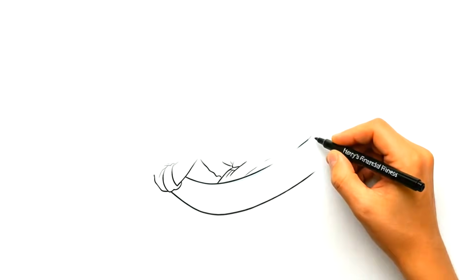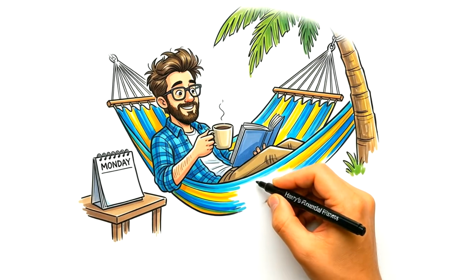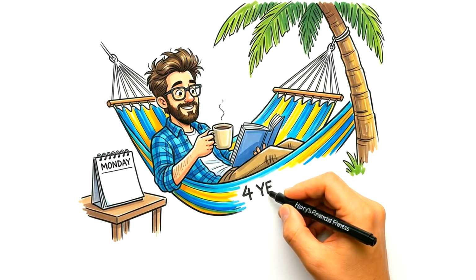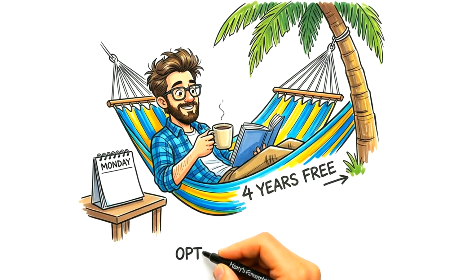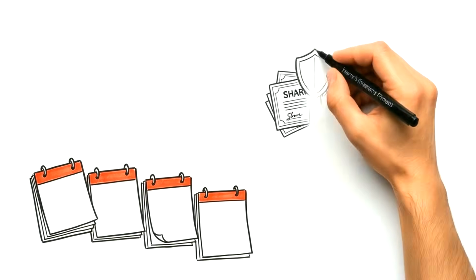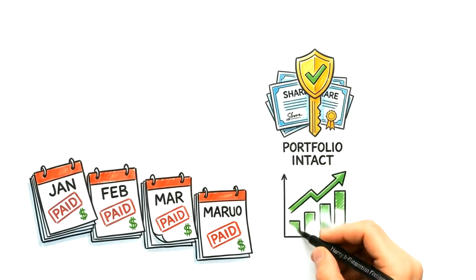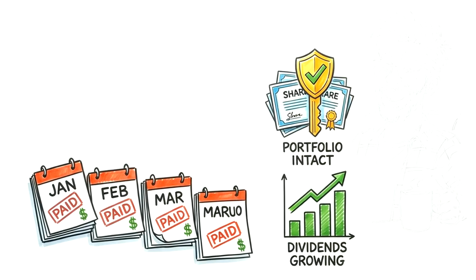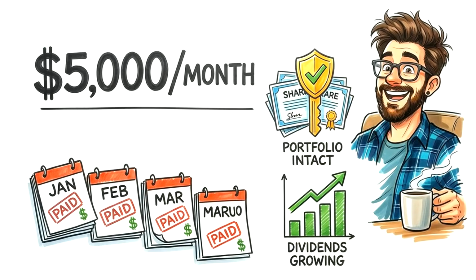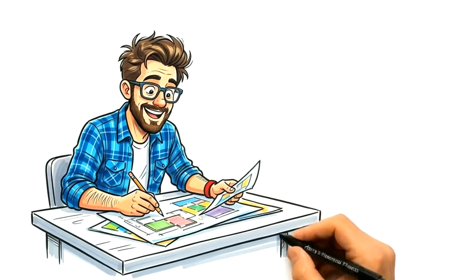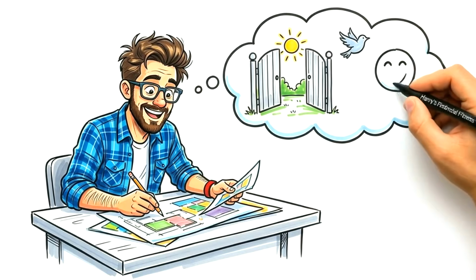That's 4 years of choosing whether to work. 4 years of waking up on a Monday and deciding based on want, not need. And once he's there, $5,000 per month, every single month, without selling a single share. The portfolio stays intact, the dividends keep growing, and Harry's working because he wants to, not because he has to.